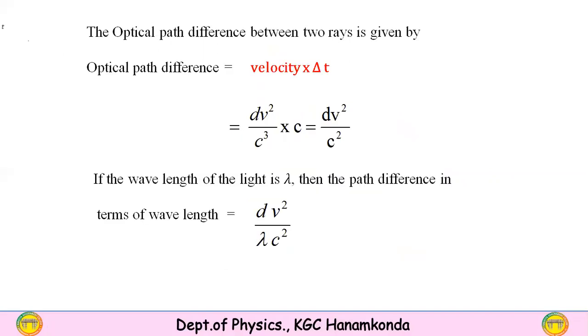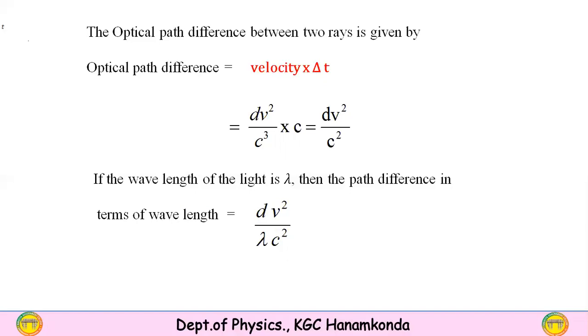Now we are going to calculate the optical path difference between the two rays, which is given by velocity into delta t. The optical path difference is velocity into the difference in time, that is dv square by c cube into the velocity of light c.